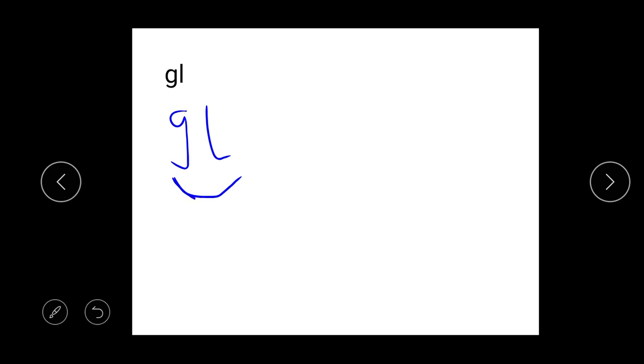So the next consonant cluster we have g and we have l, and this will give us gl. So let's put a vowel sound there, a, and another consonant sound, which is the last sound. And what do we have here?